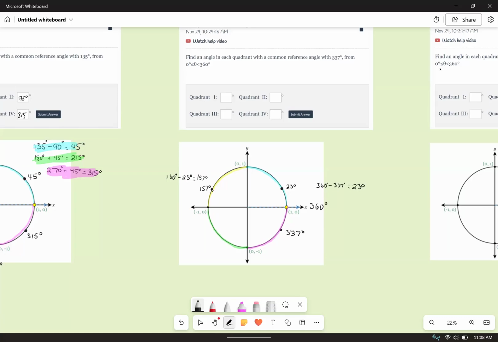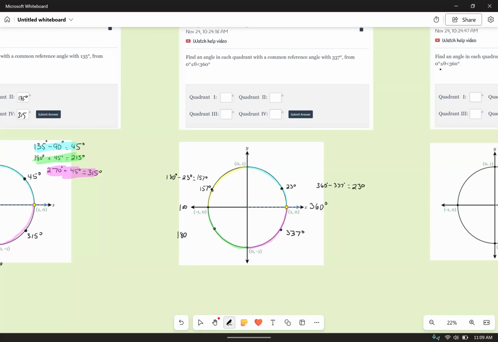Okay. And then down here, we stopped 23 degrees short of 180. Now we have to go 23 degrees more than that 180 degree quadrantal angle. That's 180 right there.